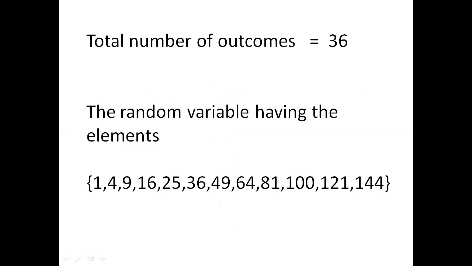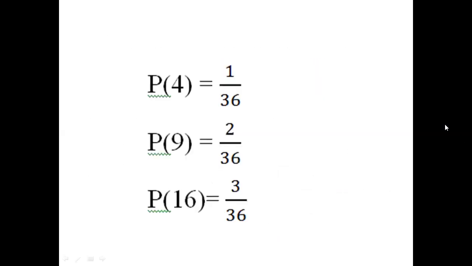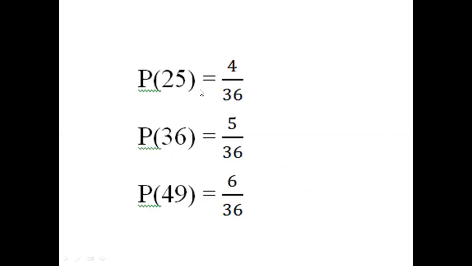Okay. What is the next element? 25. So how many times will 25 be repeated? 1, 2, 3, 4. So the number of favorable outcomes for 25 is 4. That's why the probability P of 25 is equal to the number of favorable outcomes, 4, divided by 36, the total number of outcomes.